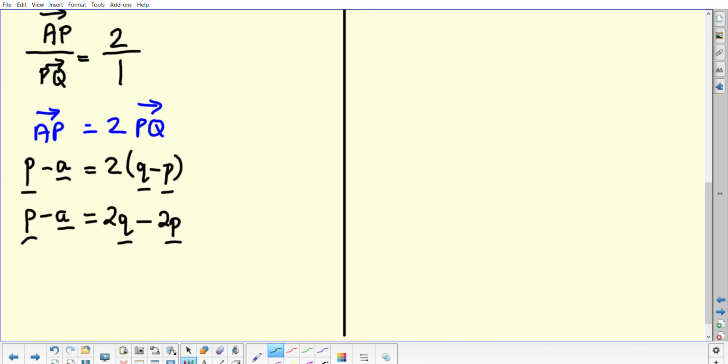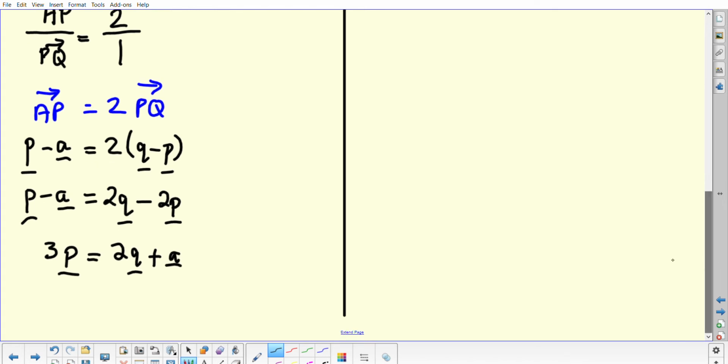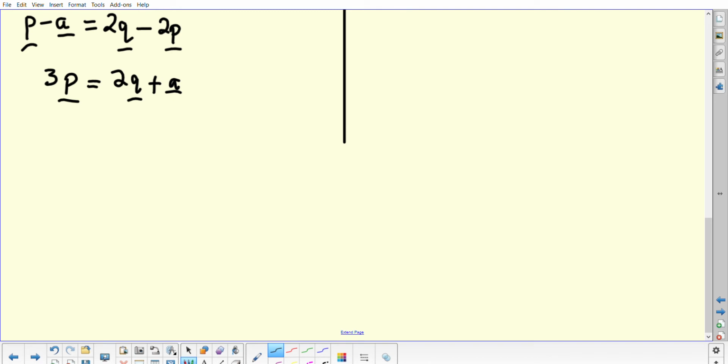Now my aim is to get the position vector P on its own and get a value for it. So if I collect all the P terms on one side, I'd end up with 3P is equal to 2Q plus A, or A plus 2Q. And now I'm going to use my components.